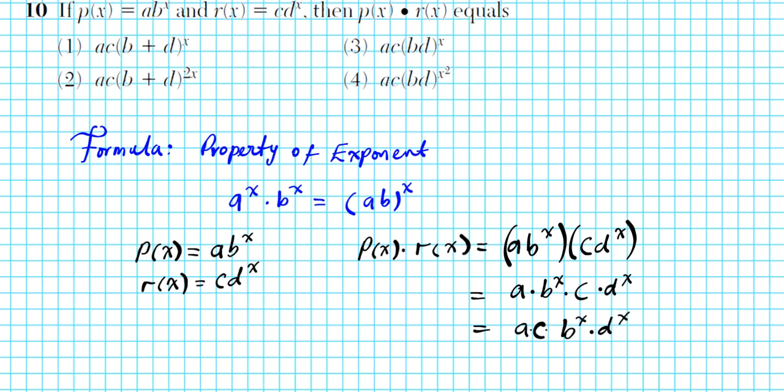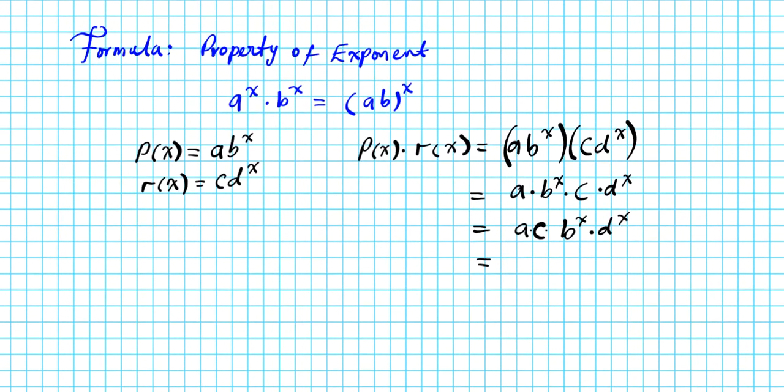Okay, using the commutative property of multiplication. Alright, now we are going to group these last two products with identical powers. We're going to write it as ac times b to the x times d to the x. Now, do you see how this property of exponents can be applied in rewriting this quantity right here?